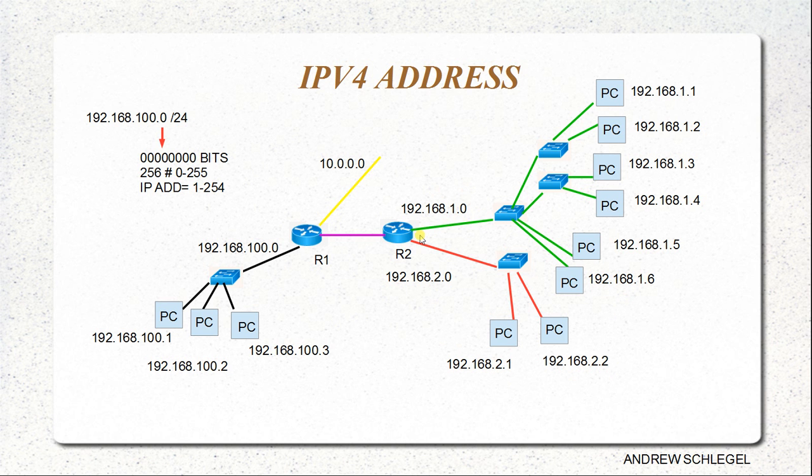Don't forget that the interfaces of your routers get IP addresses, but not your switches, at least for layer two. So we have the opposite problem here. We only have two computers. How many addresses do we have? 254, so we wasted 252 addresses.